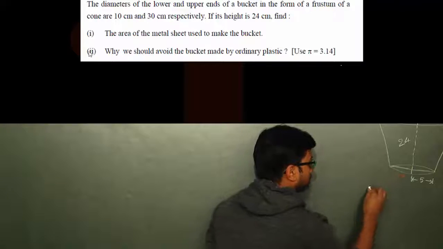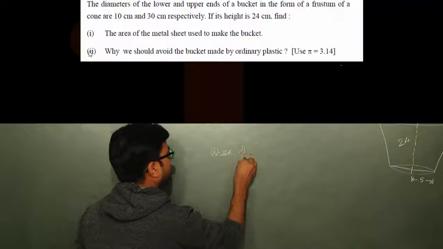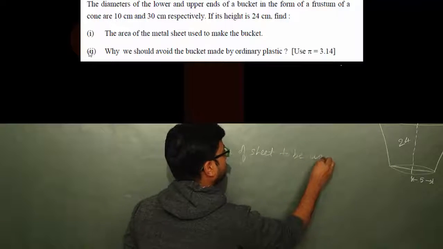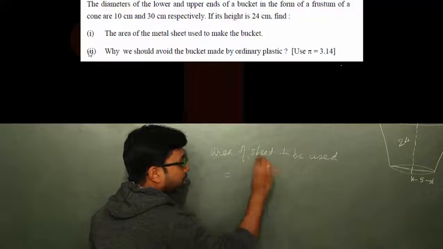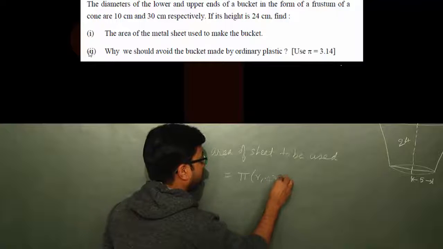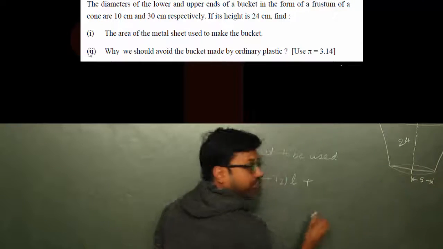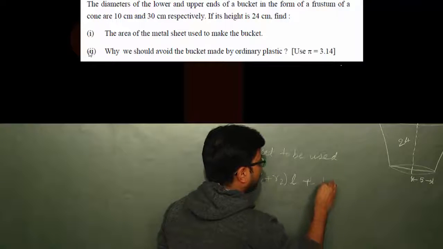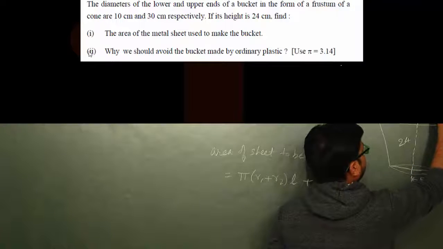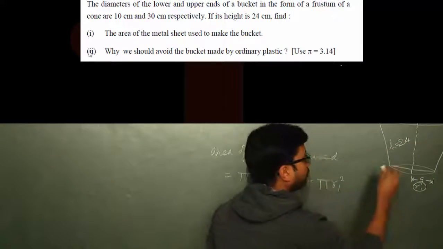So the area of sheet to be used will be equal to the curved surface area of the frustum, which is pi (r1 plus r2) into L, plus the area of the bottom of the bucket, which is pi r1 square, considering this to be r1 and this to be r2. This is h. L we don't know.